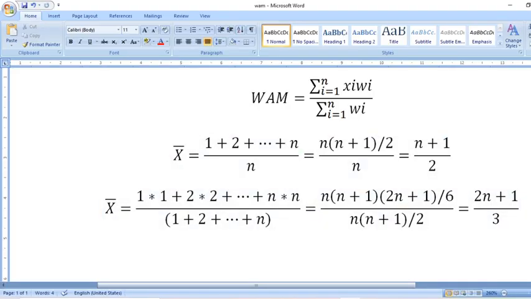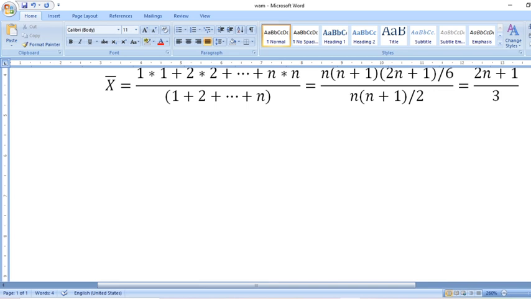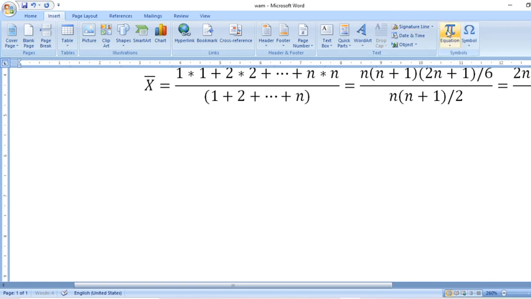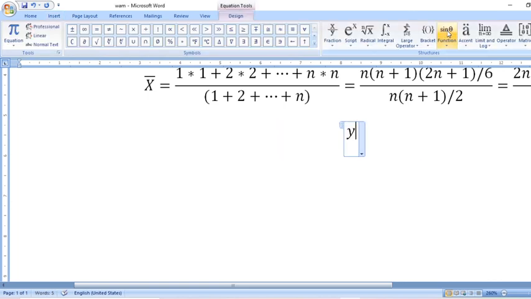Suppose the observations are like y equal to a plus bx.